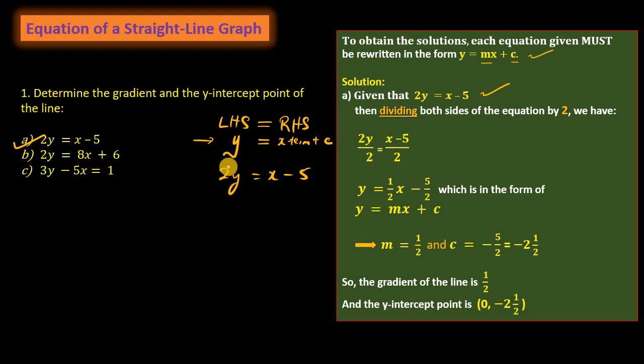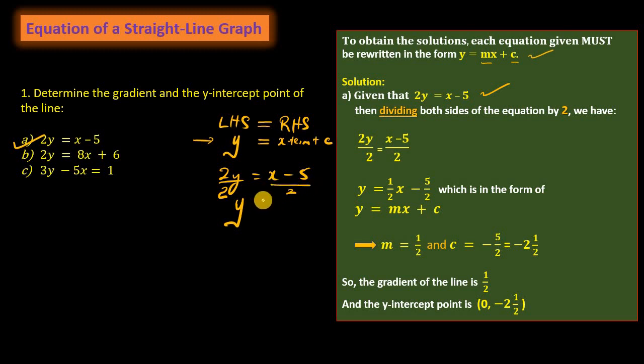Now, we recognize that a coefficient multiplies to the left of the variable, and to remove it, we need to divide by that coefficient so that we can get 1. 2 divided by 2 is 1, so now we have 1y written just as y, because 1 times y is simply y. Now, in an equation, to keep it balanced, what we do to one side, we do to the other side as well.